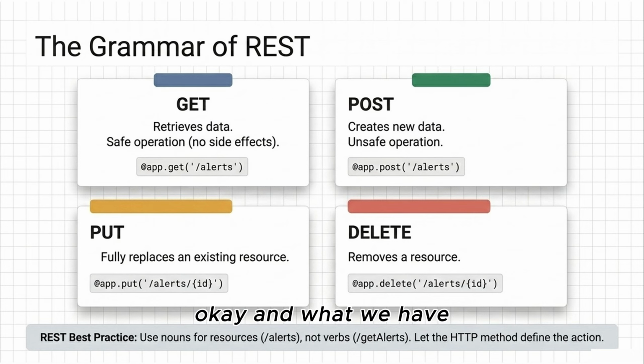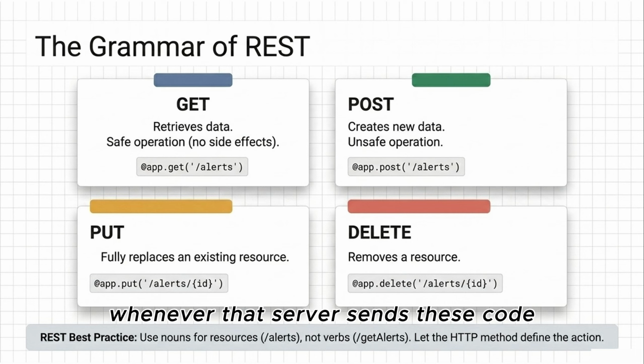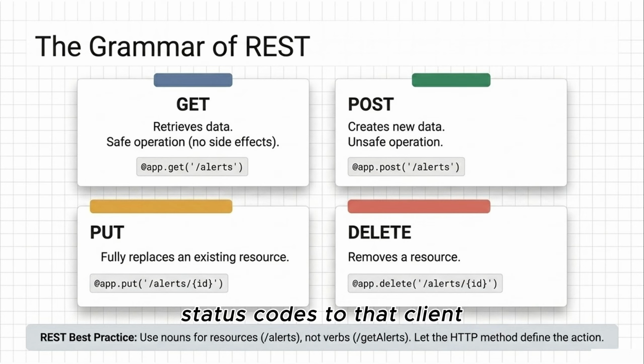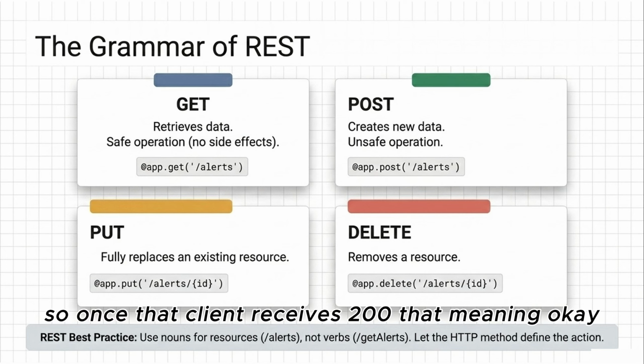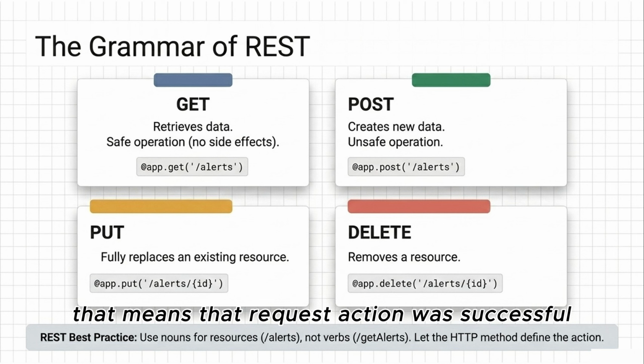Okay. And these are all status codes that the server sends to the client. Once the client receives 200, meaning OK, that means the requested action was successful.